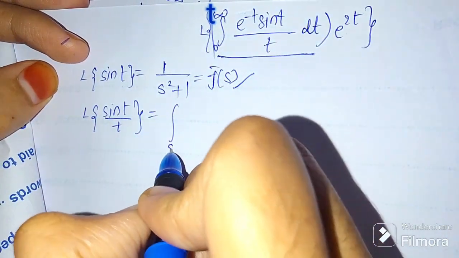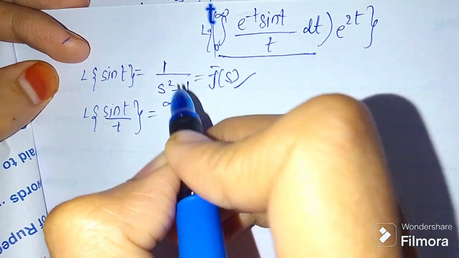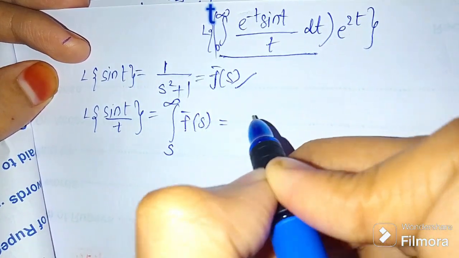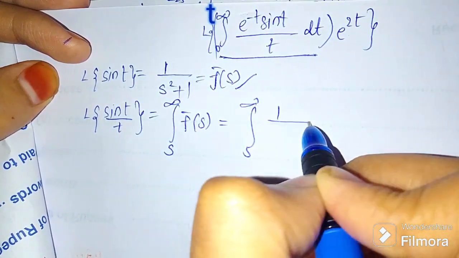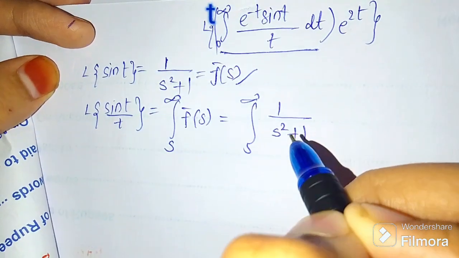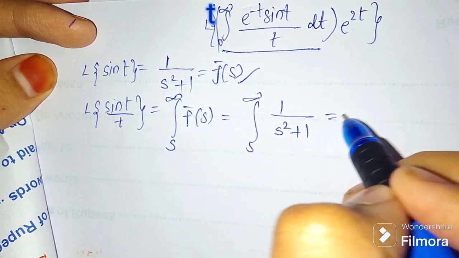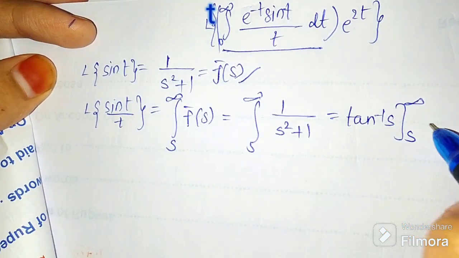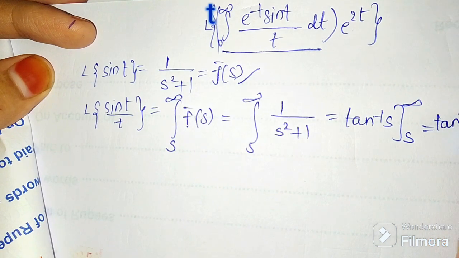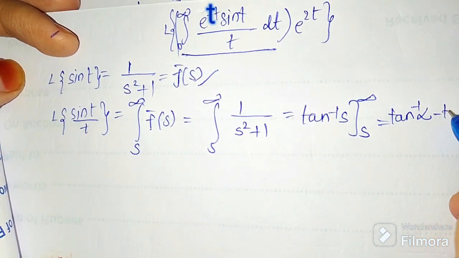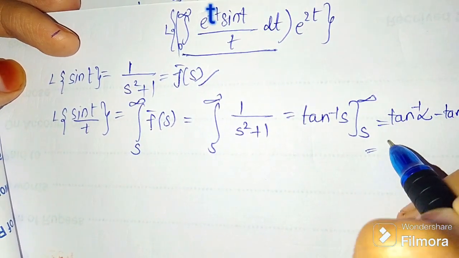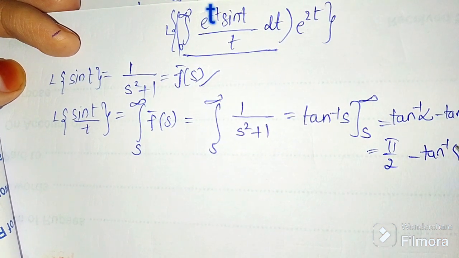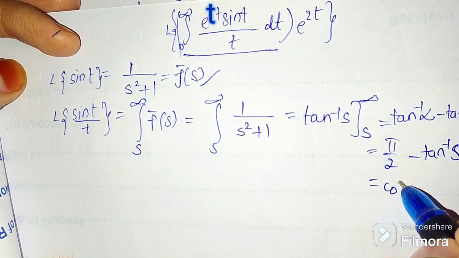So limits are s to infinity of f bar of s, which is 1 by s square plus 1. So this will be tan inverse of s, with limits infinity to s. My answer will be tan inverse of infinity minus tan inverse of s, which is pi by 2 minus tan inverse of s. If you want, you can leave it here, or you can write cot inverse of s.